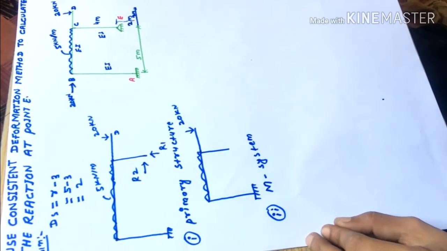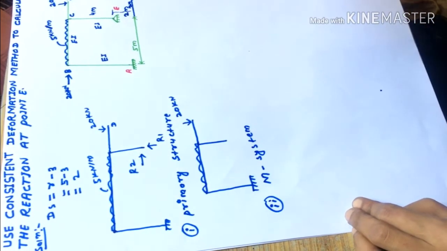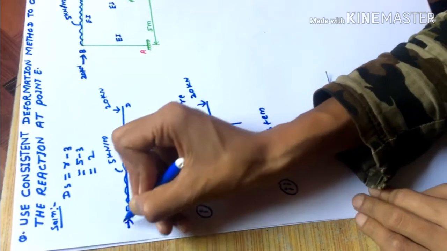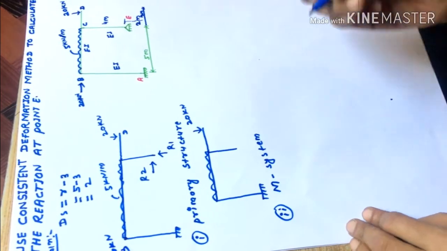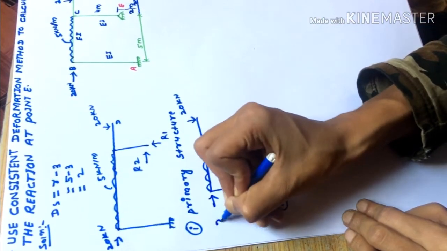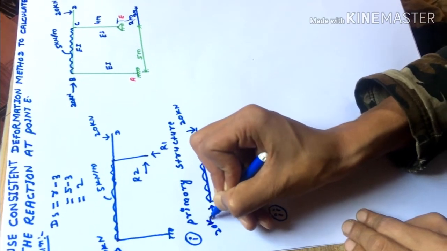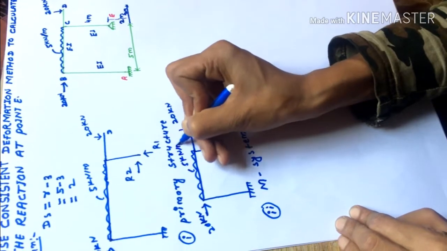Young system means we have to remove the redundant forces. So here we have removed the redundant forces, that is R1 and R2. So this system is known as the redundant system. This is 5 kilonewton per meter.